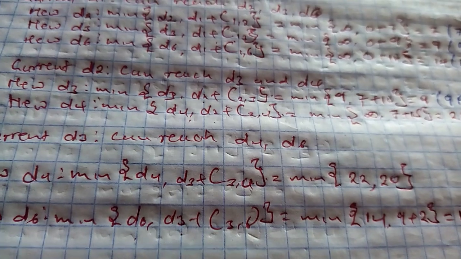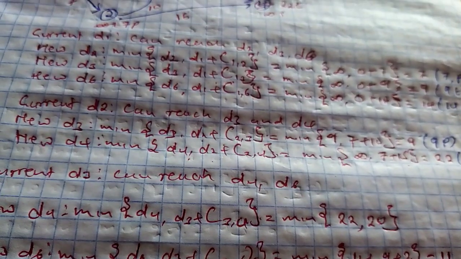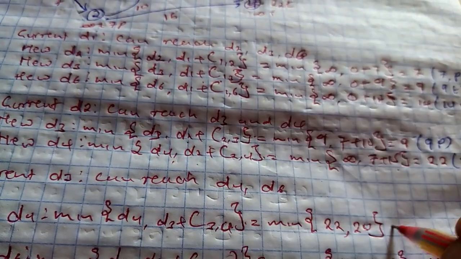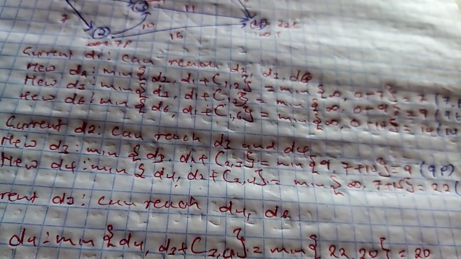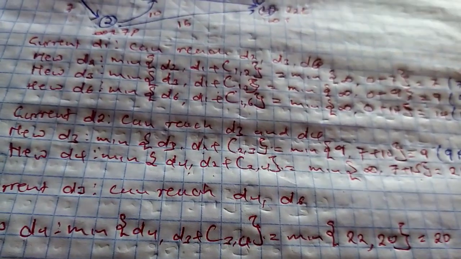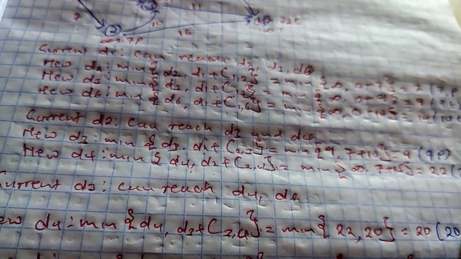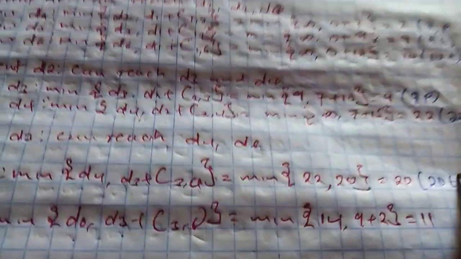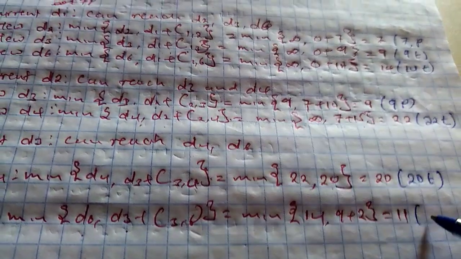Now here, 22 and 20, the smallest is 20. So we identify this as 20T, and now the smallest is 11P.